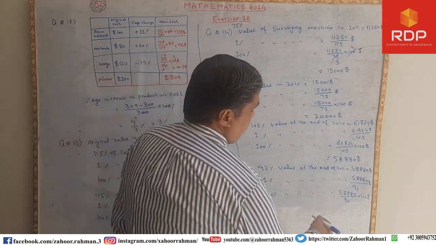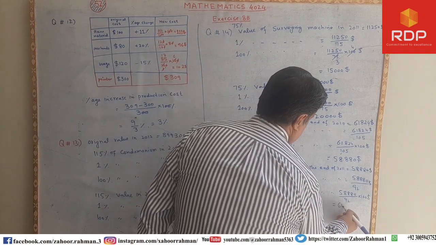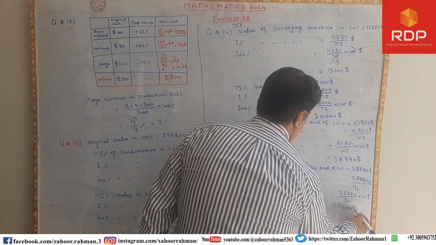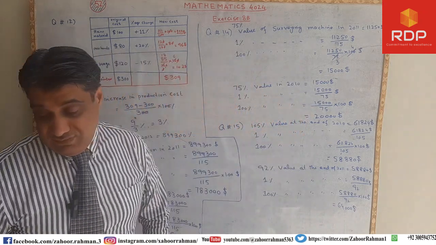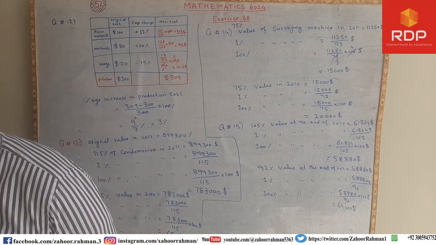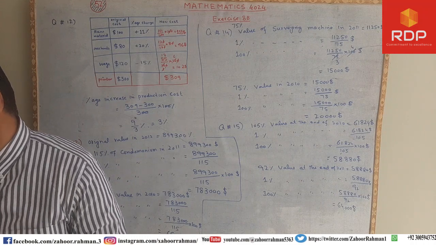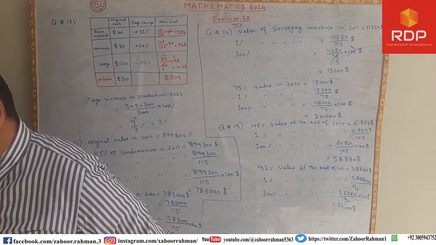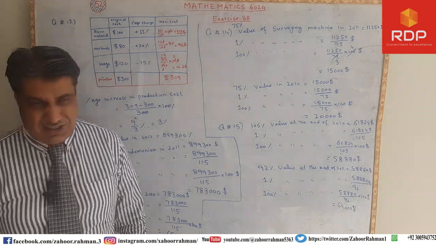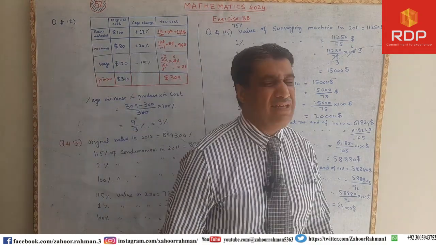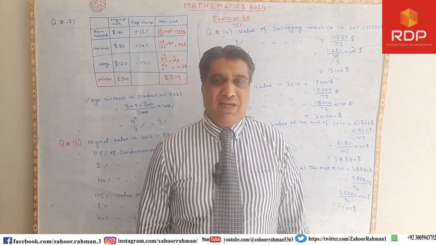So 64,000 is the value of that investment portfolio. Okay, one question is remaining, and that is the advanced level question.